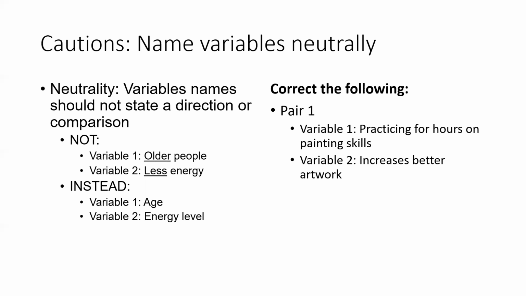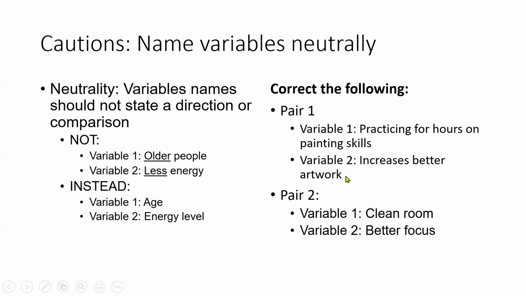I'm wondering, could we even just change it to say art ability? Yeah, so the skills are the variable. I think that hours of painting practice would lead to better painting skills. So we would put painting practice as variable 1 and painting skill as variable 2.